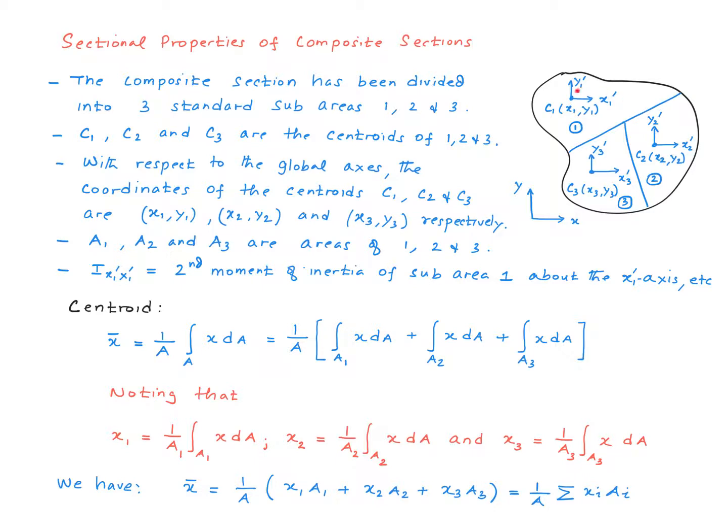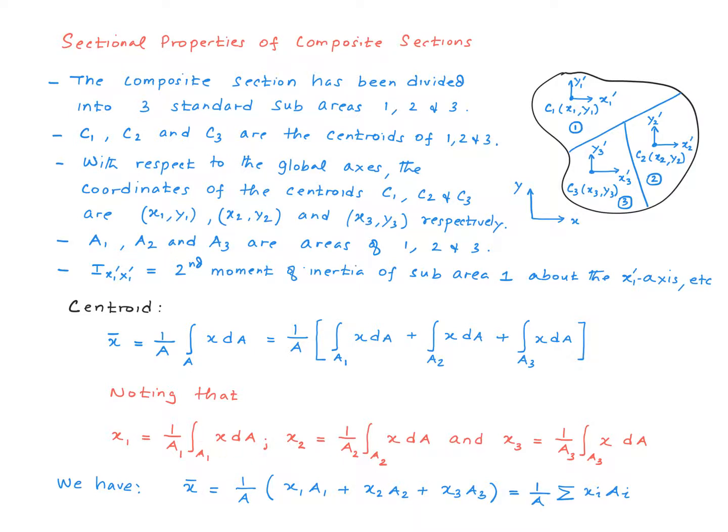We know the coordinates of the centroids of the sub-areas, right? C1, C2, and C3, and the equations for finding them are these. x1, for example, is 1 over A1 times the integral of x times dA over A1, right? x2 and x3 are similarly defined.